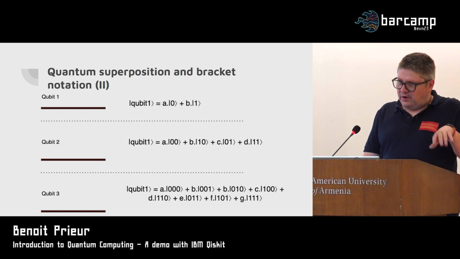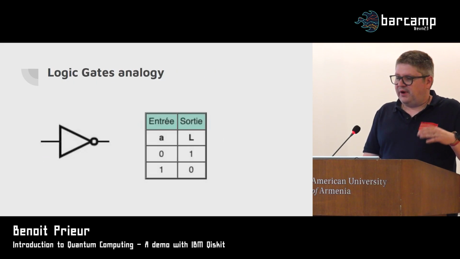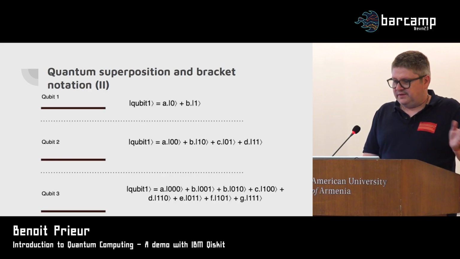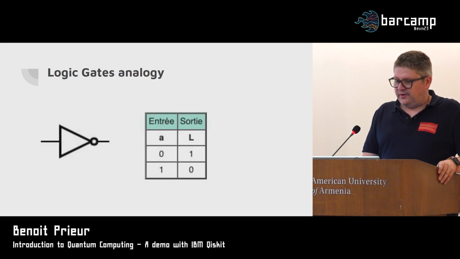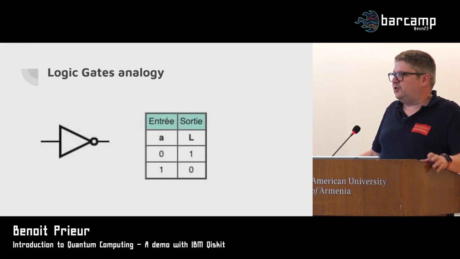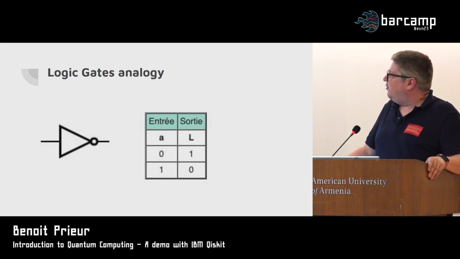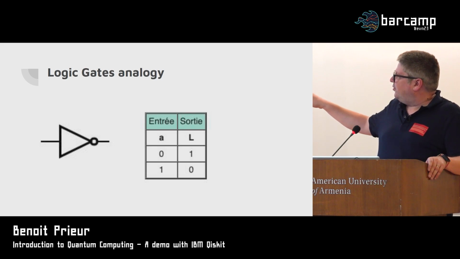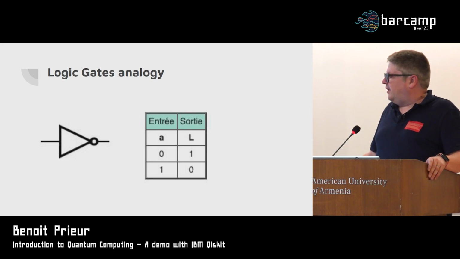So in our world, electronics, etc., we have bits 0 or 1, and you are aware of this kind of gates to make electronic circuits. For example, this one is the NOT gate. And there is the same concept in quantum computing.